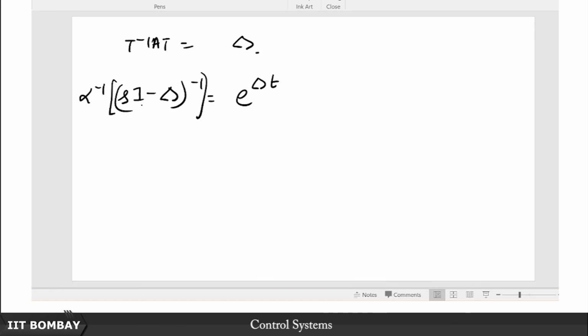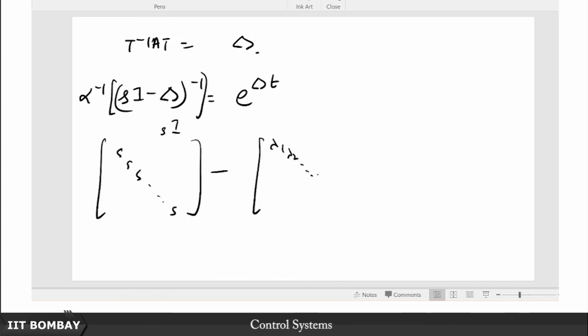But why is this easy? Because now you look at this, all these s's are sitting over here, that's sI for you, minus this lambda 1, lambda 2, I do not know, they could be same, they could be different. So lambda 1 could be equal or not equal to lambda 2, I do not care. Last you have lambda n, like this.